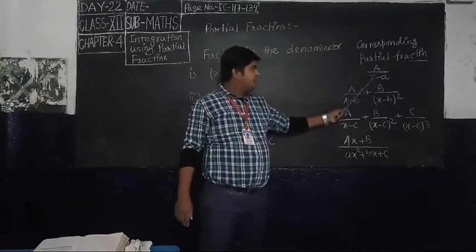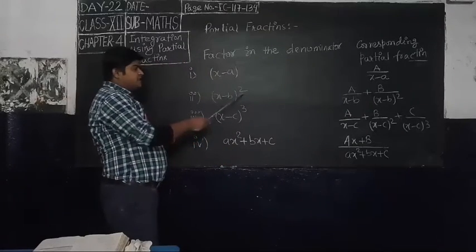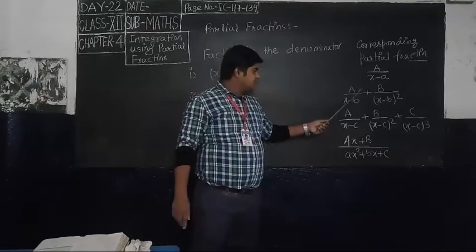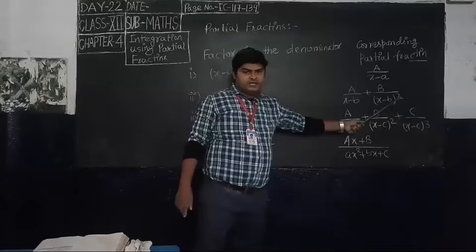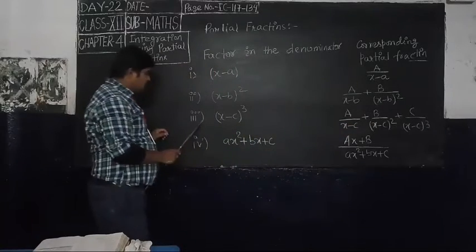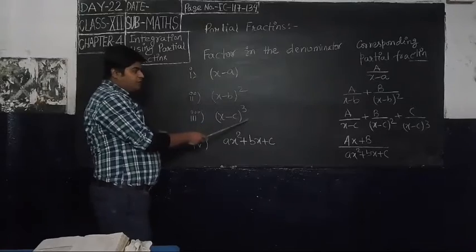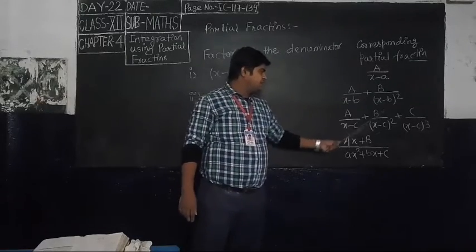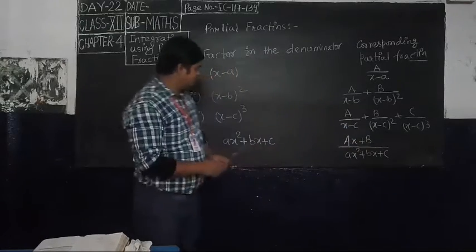For x minus b whole square, you write a by x minus b plus b by x minus b whole square. If the denominator is of the form x minus c to the power q, then you write a by x minus c plus b by x minus c square plus c by x minus c whole cube.